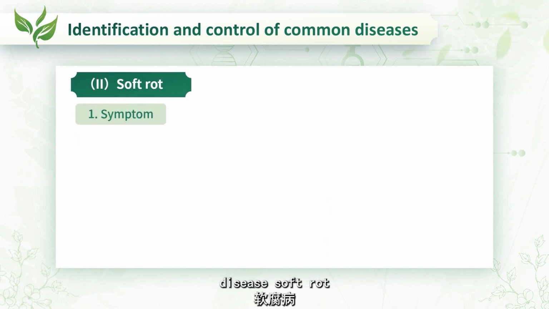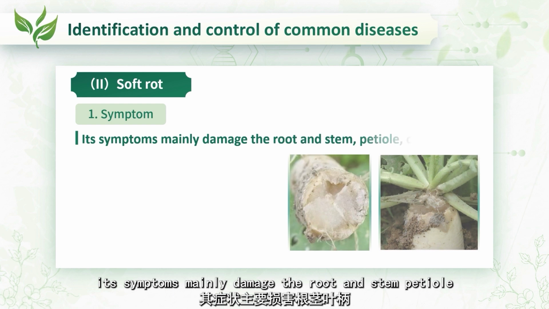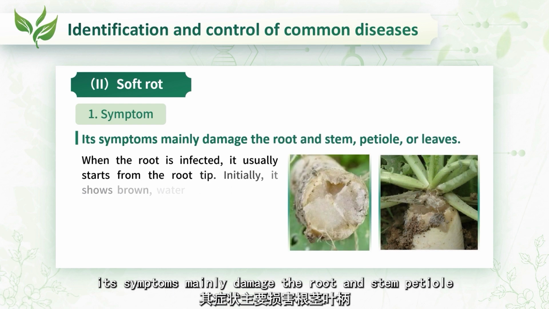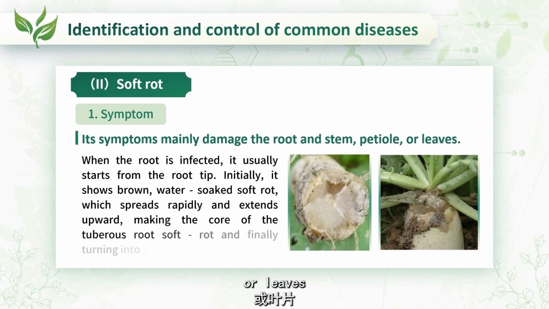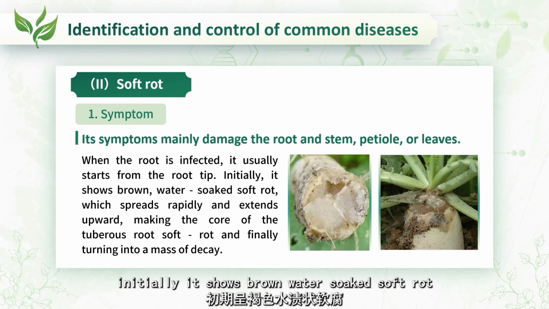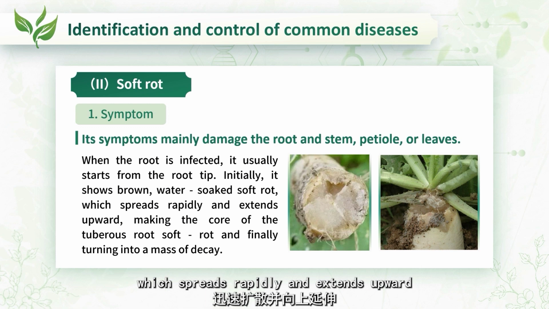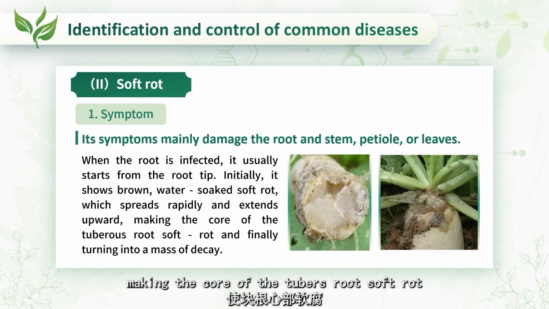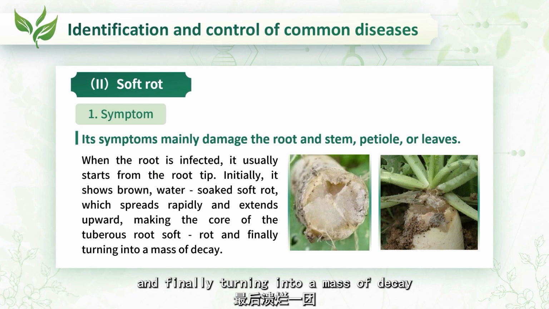Disease 2. Soft rot. Its symptoms mainly damage the root and stem, petiole, or leaves. When the root is infected, it usually starts from the root tip. Initially, it shows brown, water-soaked soft rot, which spreads rapidly and extends upward, making the core of the tuberous root soft and rotten, and finally turning into a mass of decay.